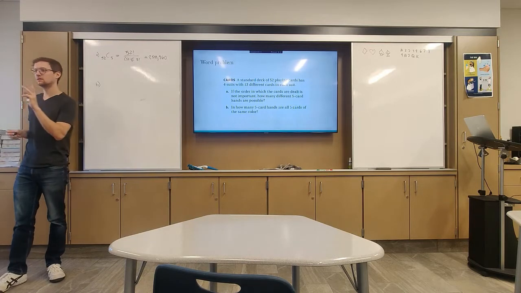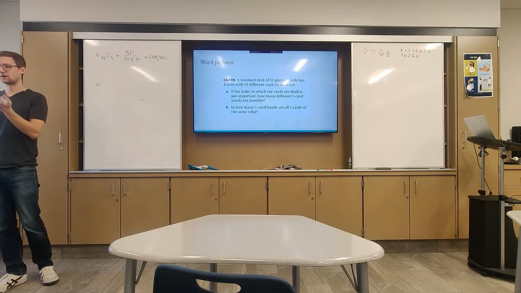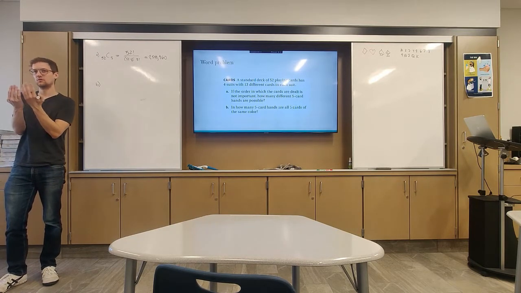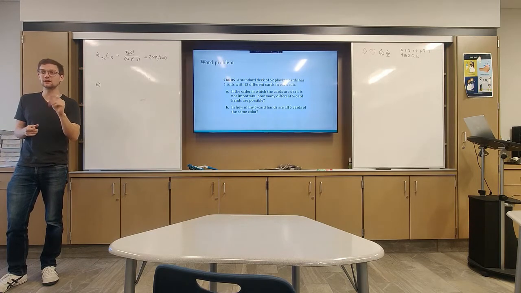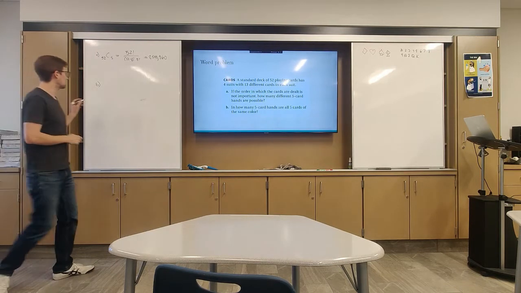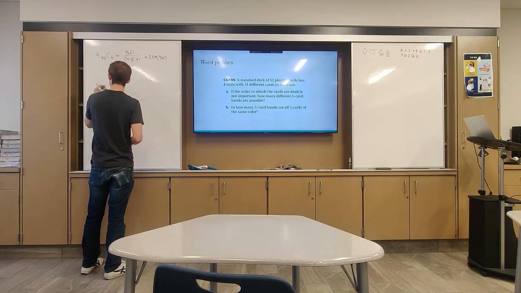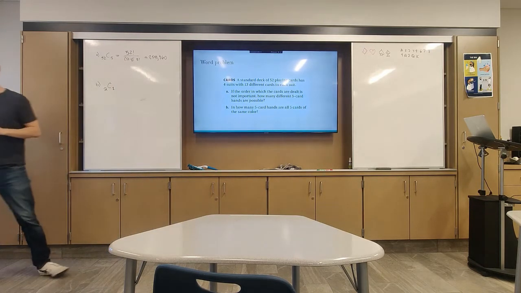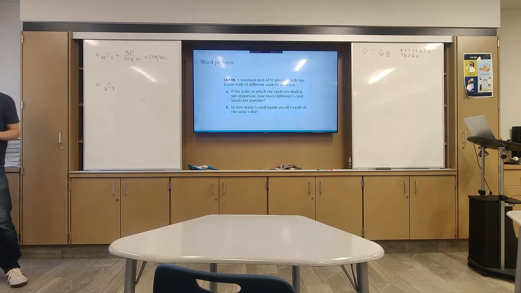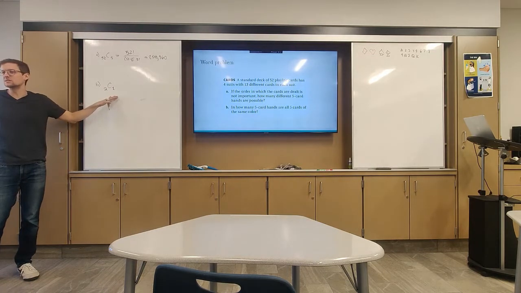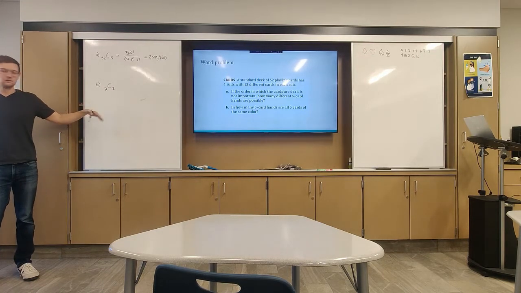Just one. Out of those 2 different colors, we have to pick one. So we have to do 2 combine 1. How many different ways can I pick the color that I need?